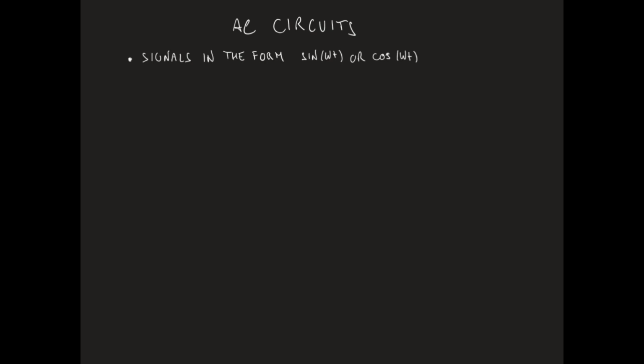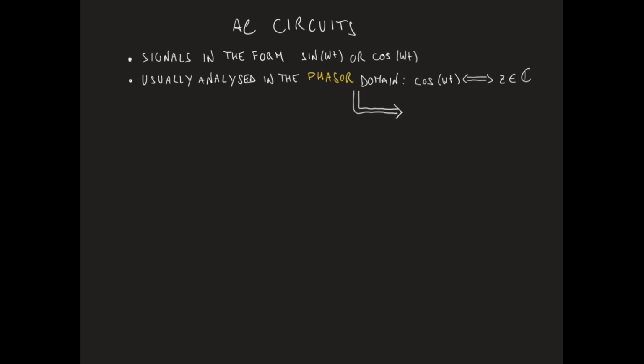AC circuits are usually analyzed in the so-called phasor domain, where currents and voltages are represented by means of complex numbers obtained from the voltage and current signals according to well-defined rules that we will introduce in a moment. Use of phasors makes it possible to greatly simplify circuit analysis, in particular by extending in some way Ohm's law to capacitors and inductors through a so-called generalized Ohm's law.